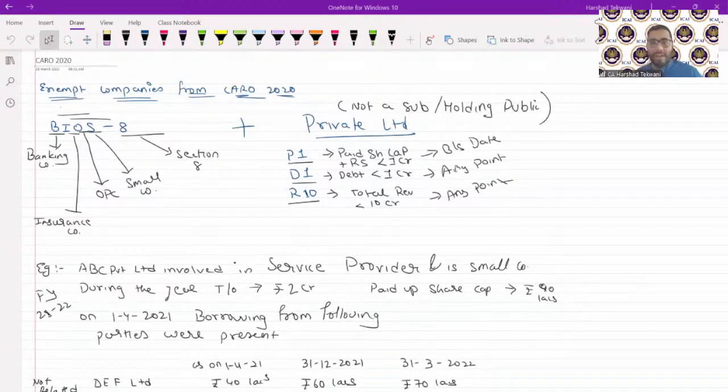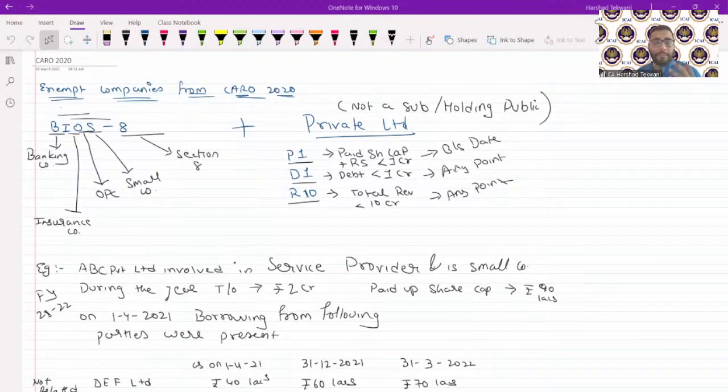Go through what we have discussed over here, and for the next lecture, please go through CARO 2020 also and their clauses. It is very important. If you have read it earlier, then you will be able to ask questions, you will be able to understand in detail, and it will be more helpful to you. Also, for what we have discussed till now, study, go through, and if you have any questions, please come back in the next lecture and ask. I will be happy to discuss.